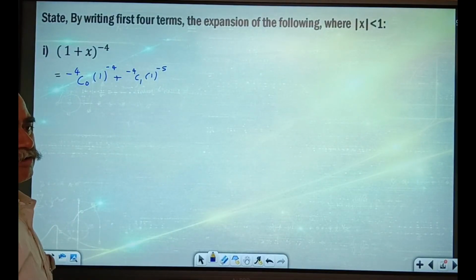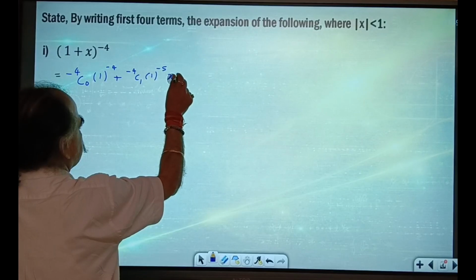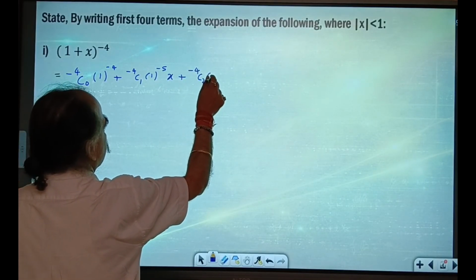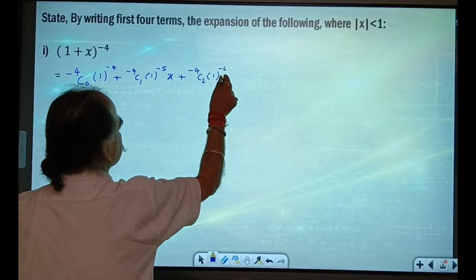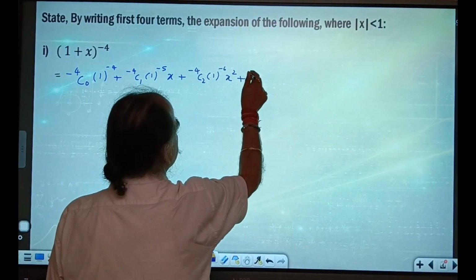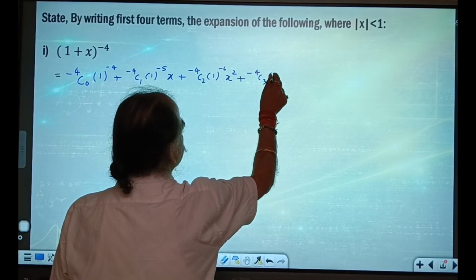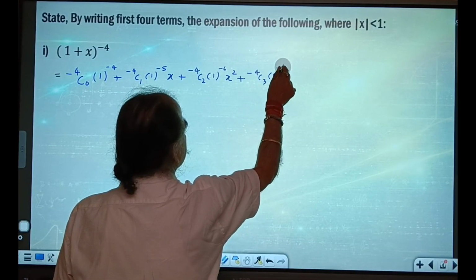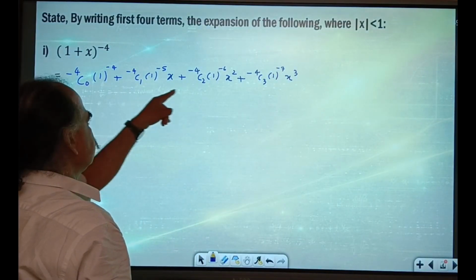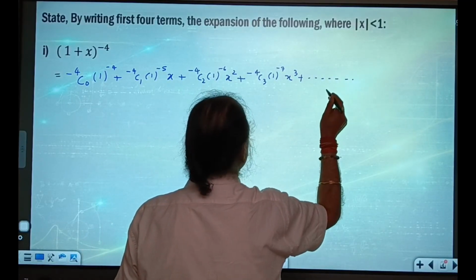Go on decreasing the power of 1 and increase the power of x, plus minus 4C2 1 raised to minus 6 x square, plus minus 4C3 1 raised to minus 7 x cube. So these are 4 terms, plus so on.